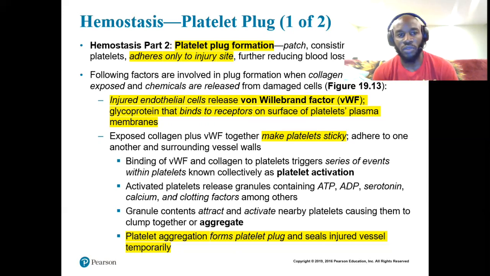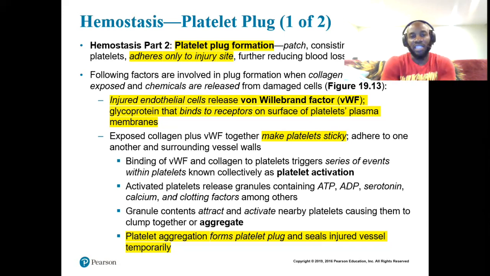All right, so with part two, we have a patch consisting mostly of platelets that adheres to the injury site. So we've reduced the amount of blood flow going to the area where the injury has occurred, so less blood is leaking out.